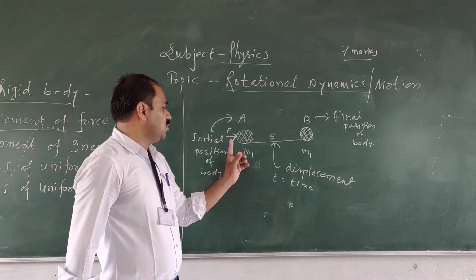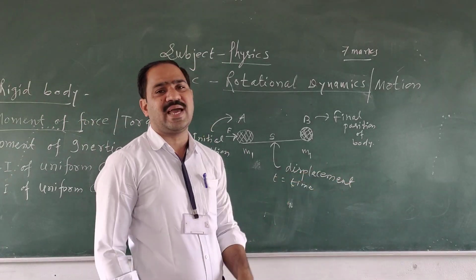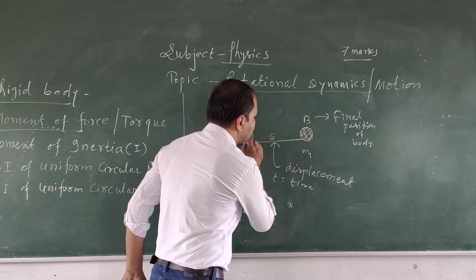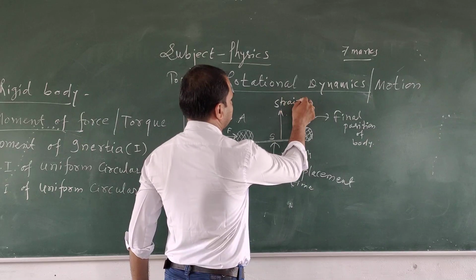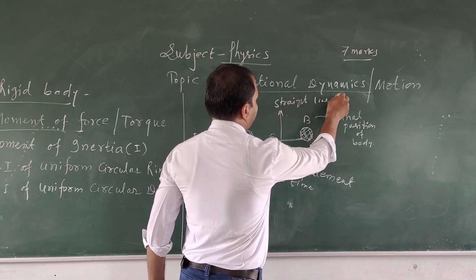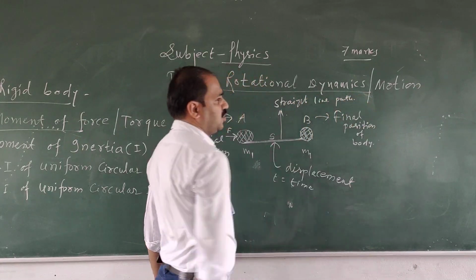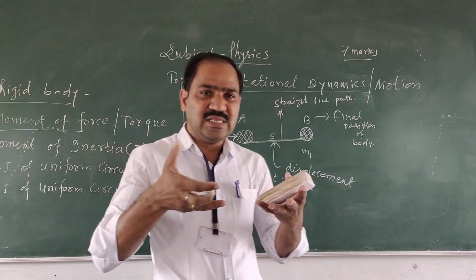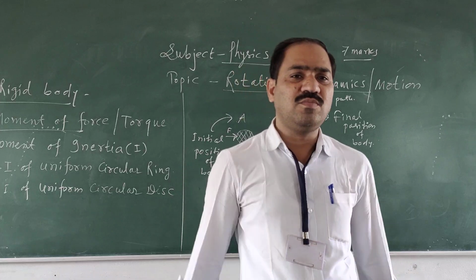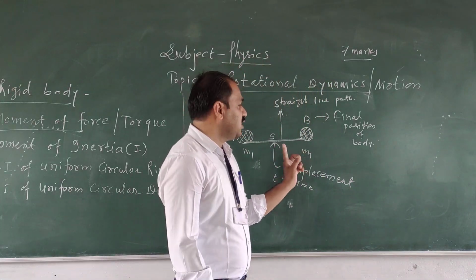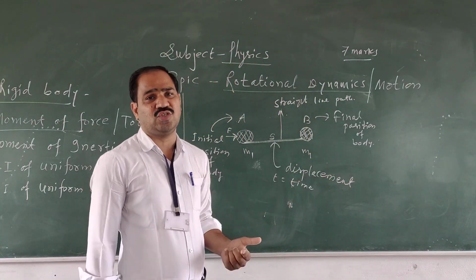But here, the body is moving in a straight line path. So here the displacement is in a straight line path, a linear path. Therefore, this type of motion is called translational motion.